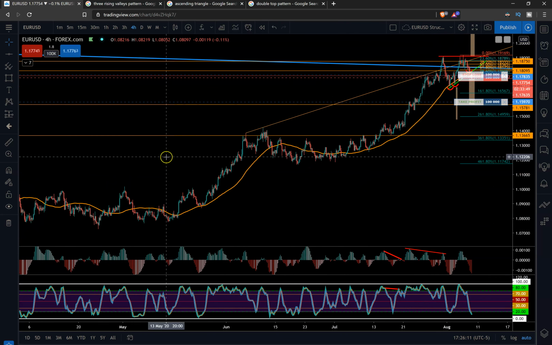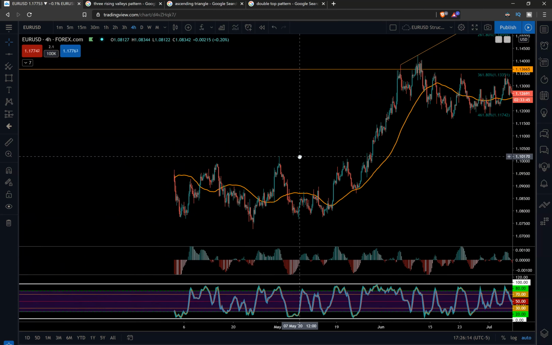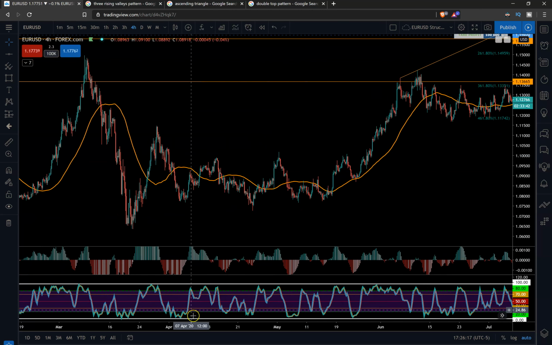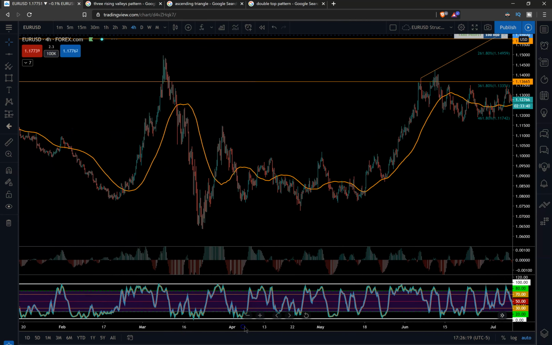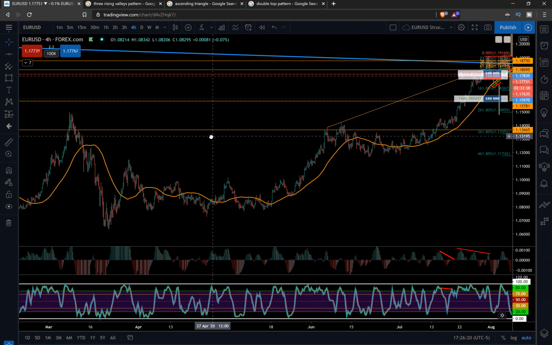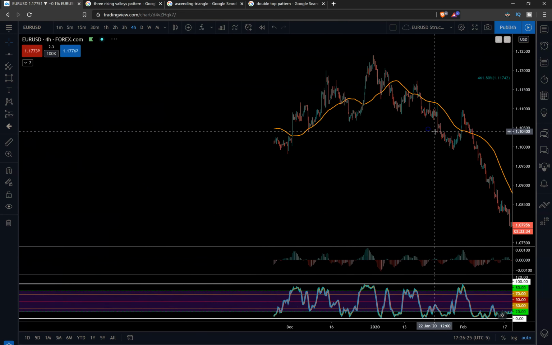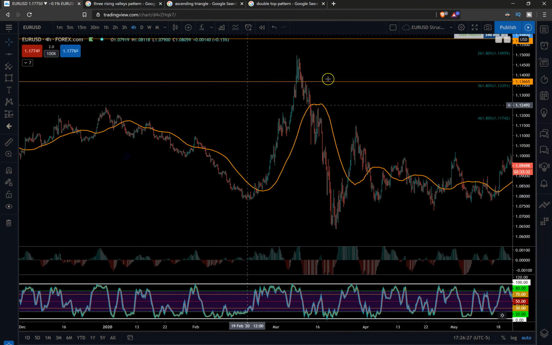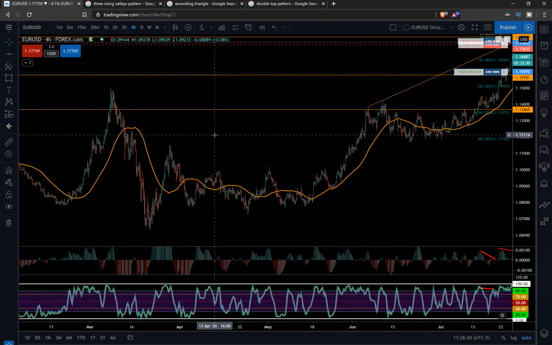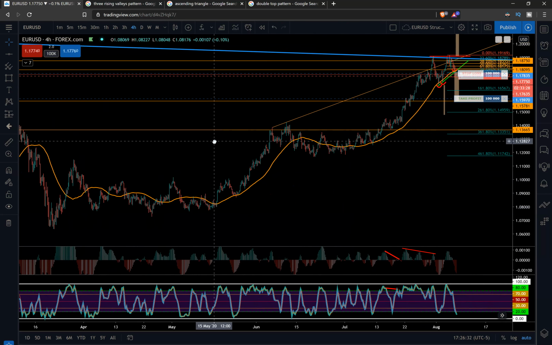Where are we at? We are on this one right here. There has got to be some support and resistance. It's not perfect, but it gives you a ballpark figure.